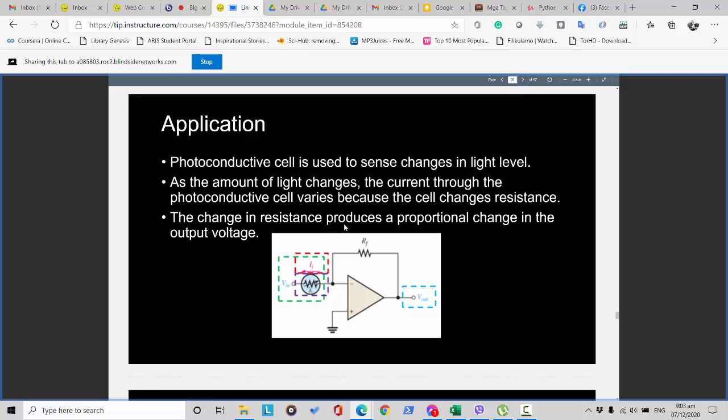So the change in resistance produces a proportional change in the output voltage. Therefore, if you change the resistance, there will be a change in the output voltage. So we have here an example of that, an example of a variable resistor.